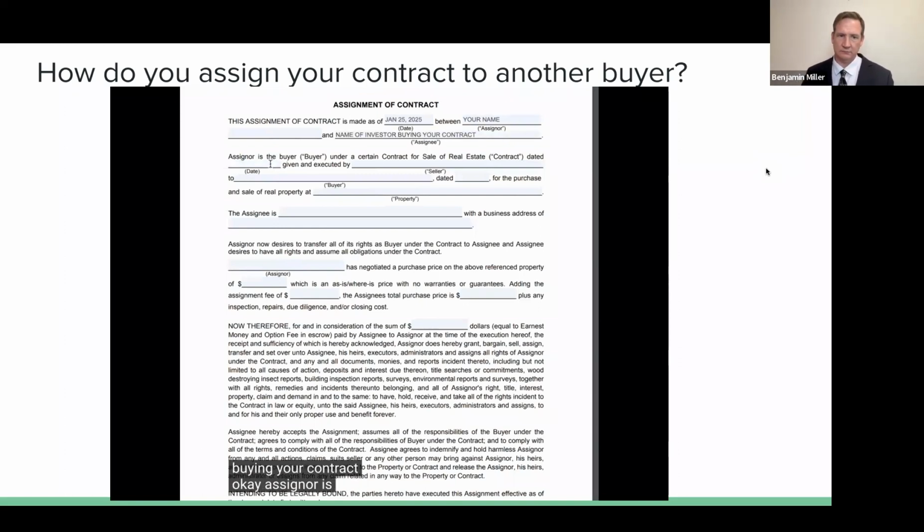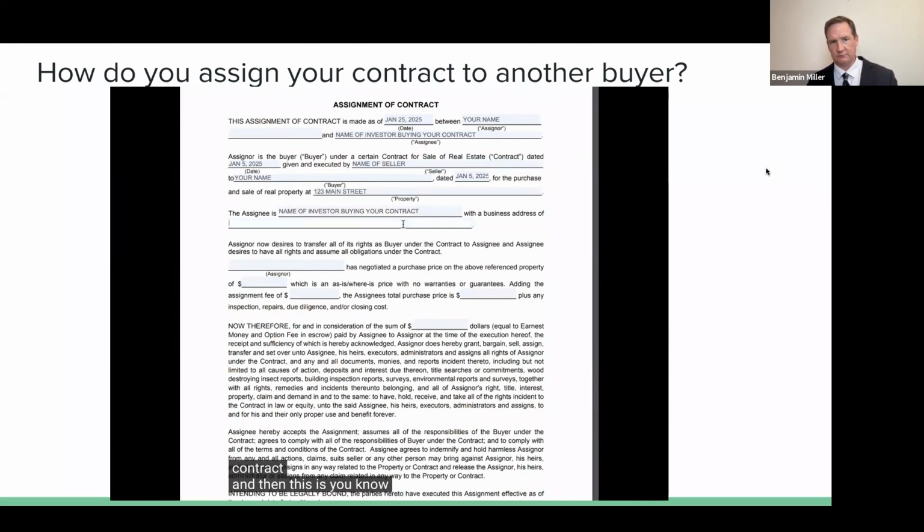Assignor is the buyer under a certain contract for sale of real estate dated, remember, you did this back on January 5th in this example, given and executed by the name of the seller, to the buyer, you, your name, dated January 25th. Sale of the real property, 123 Main Street. Then the assignee is the name of the investor buying your contract.